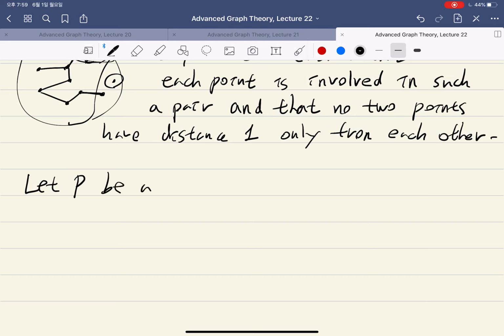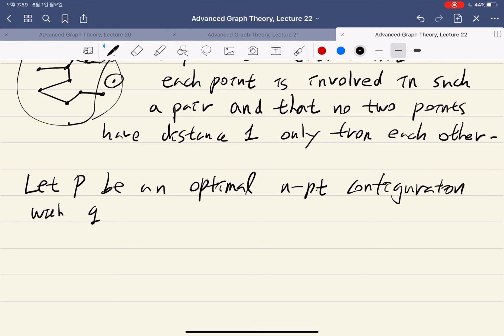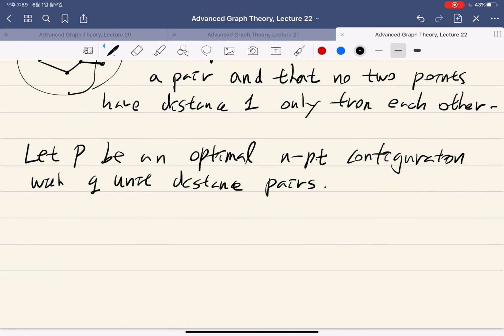Let P be an optimal endpoint configuration with Q unit distance pairs, where Q is as large as possible, and we will obtain a graph from P. But instead of just putting an edge between two vertices with distance 1, we will not do this.